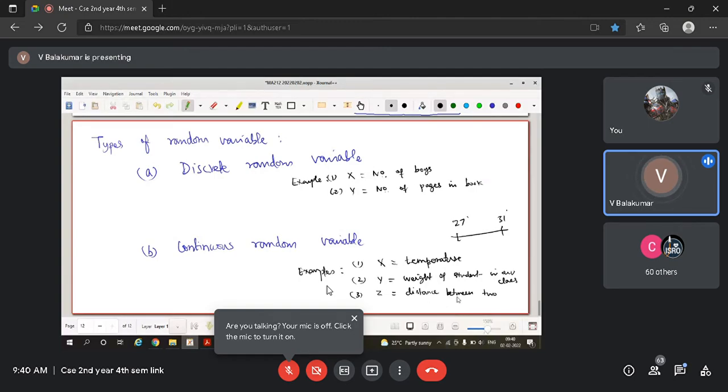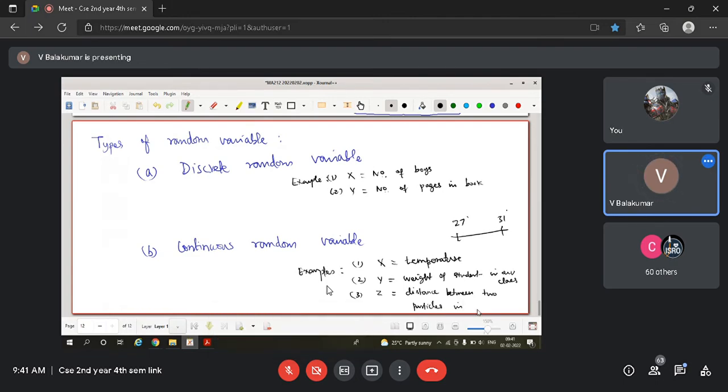So distance between two particles in this room. What do I write? Distance between two particles in this room. This is it. Or in a river. Something is moving. That's what you said already.